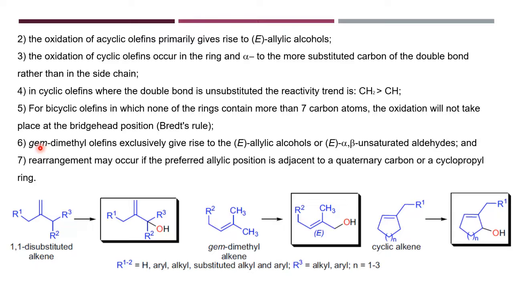A few more points. Geminal dimethyl olefins exclusively give rise to E-allylic alcohols. I think this example suffices that. Or it can also form alpha, beta unsaturated aldehydes.